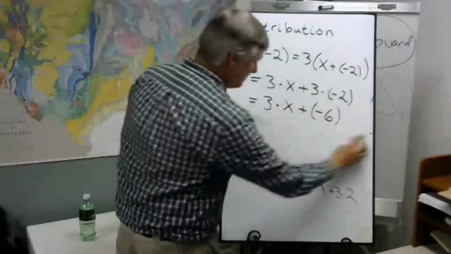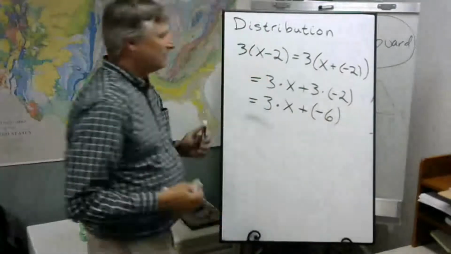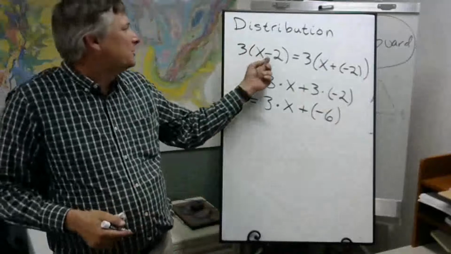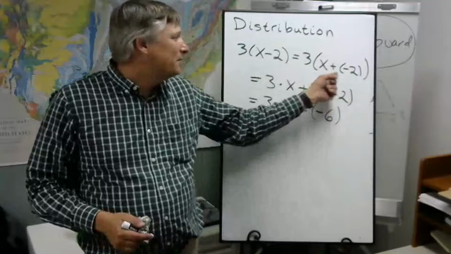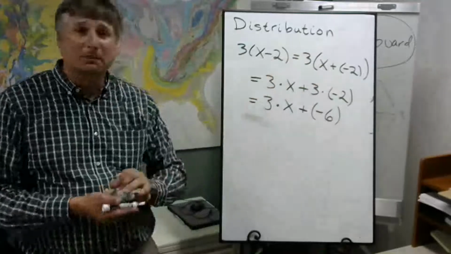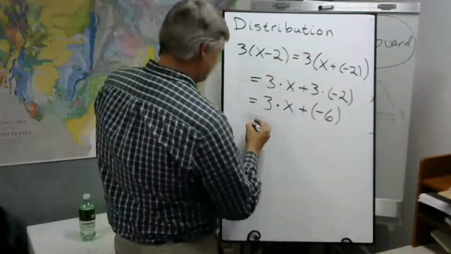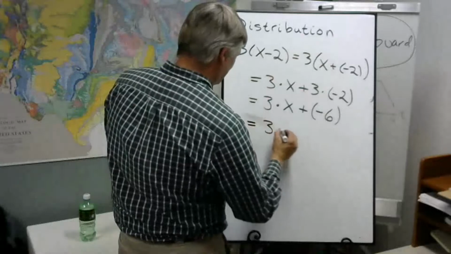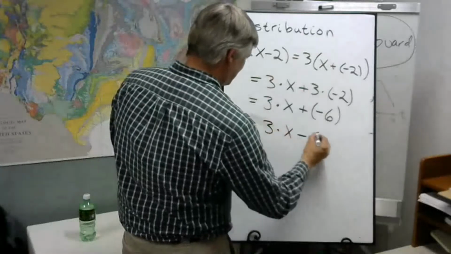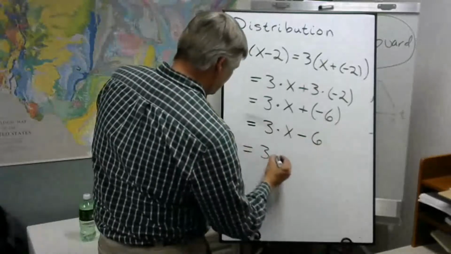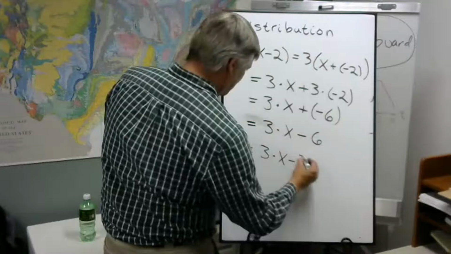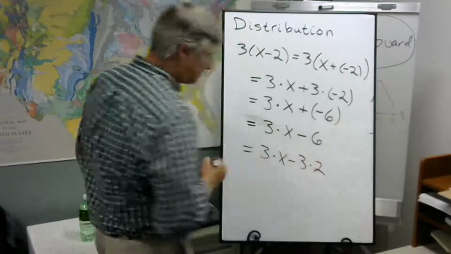And now remember how we said subtraction is adding a negative? Well, we can say adding a negative is subtraction. And then 6 is 3 times 2.